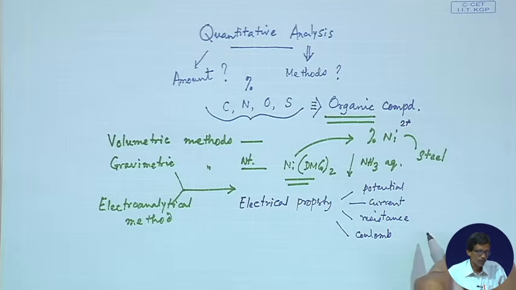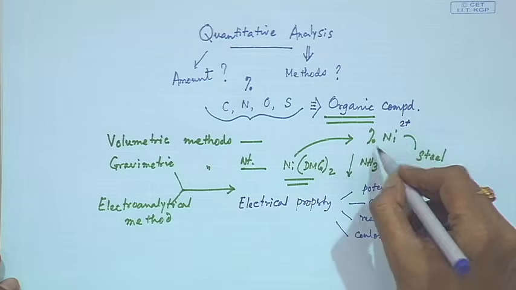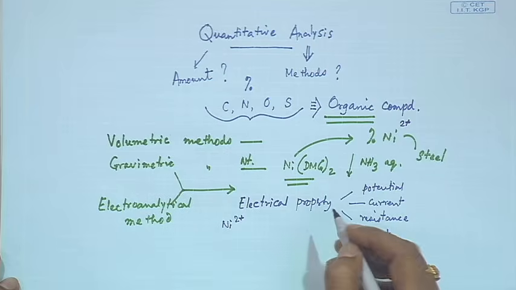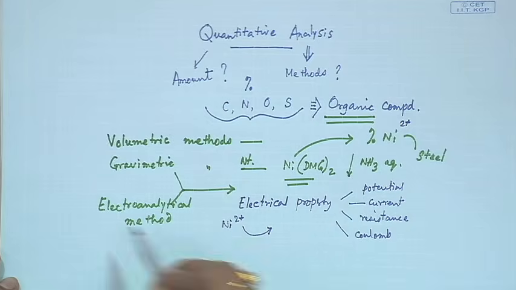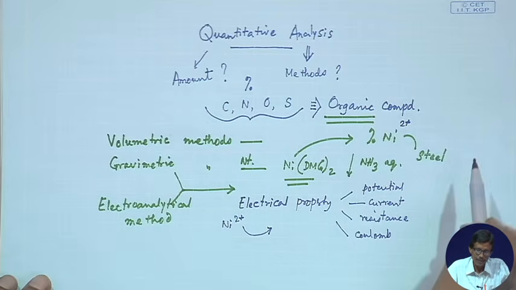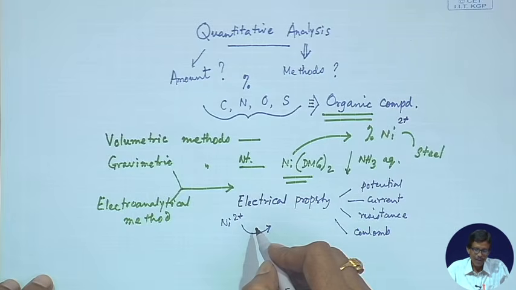That means the corresponding quantity of electric charge which is being carried by some metal ions and all these things. So, if we have a cation, that means this Ni2 plus, the same sample Ni2 plus is there, and we all know it can be reduced by some electrochemical cell. That is also from our school days knowledge, that if we have an electrochemical cell, we have the cathode, we have the anode.